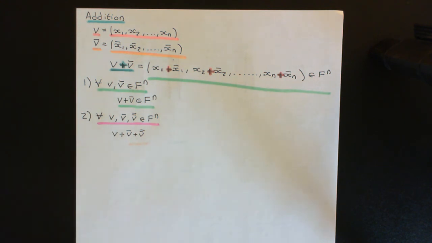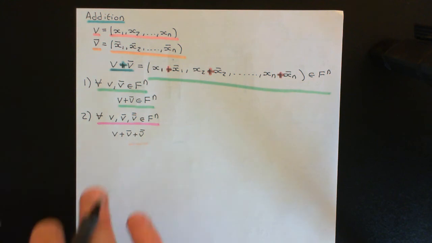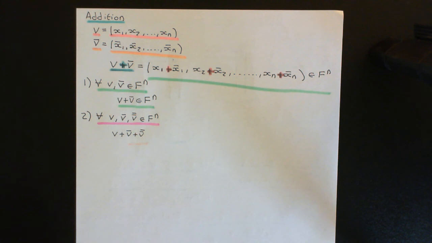Well, when you consider how to actually do this, you can't add three things together. You have to add two things together at once, so you have to break it down into just the addition of two things at once.